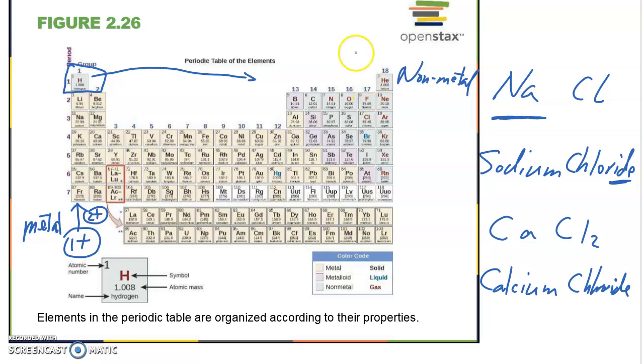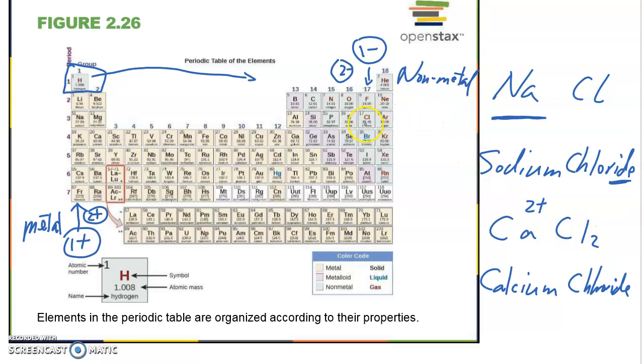Group 17, that is the halogen, prefers to form 1 negative charge. And the chalcogen, group number 16, tries to form 2 negative charge. So how do we predict the formula? The net charge should add up to be 0. For example, in this case, calcium is from the alkaline earth, and therefore it prefers to have a 2 positive charge.